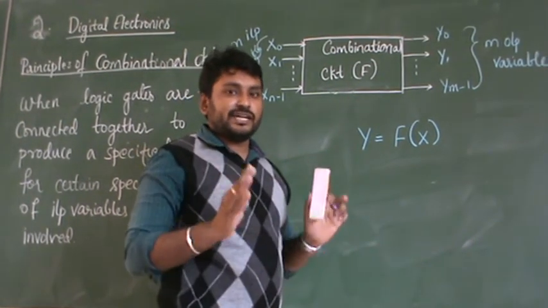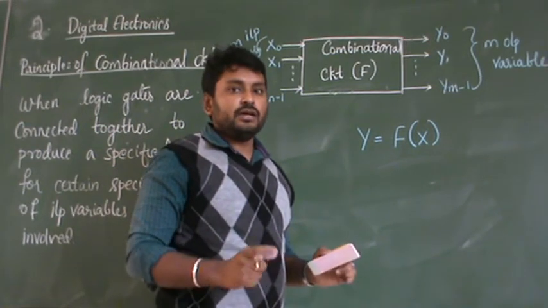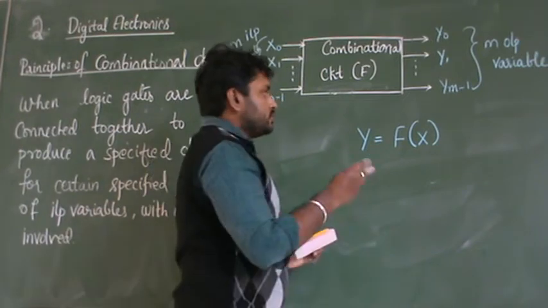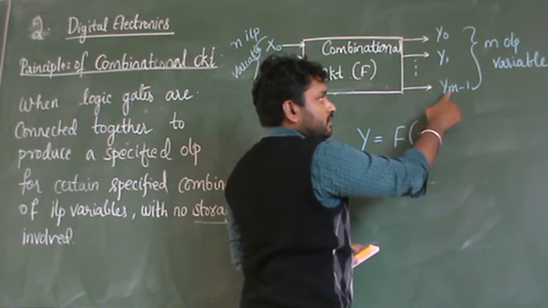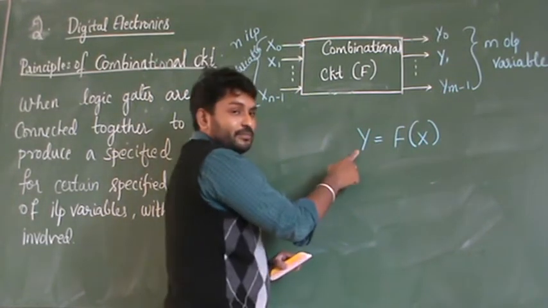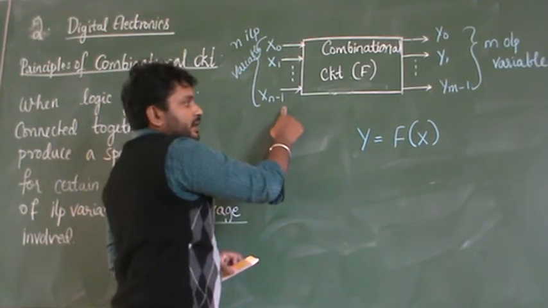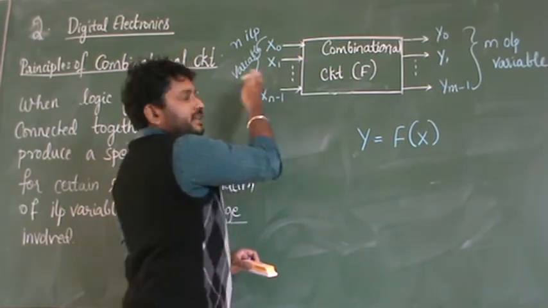A function is nothing but the set of logic gates which are connected in order to provide a specified output. Therefore, can I call this whole set y0, y1, yn minus 1 as y? I will be calling it y. And x0, x1 till xn minus 1, I will be calling it x. So y equals function of x.